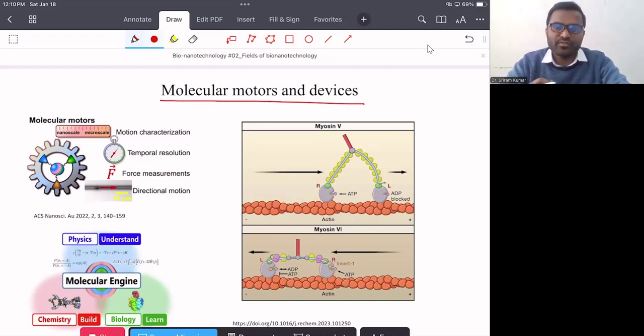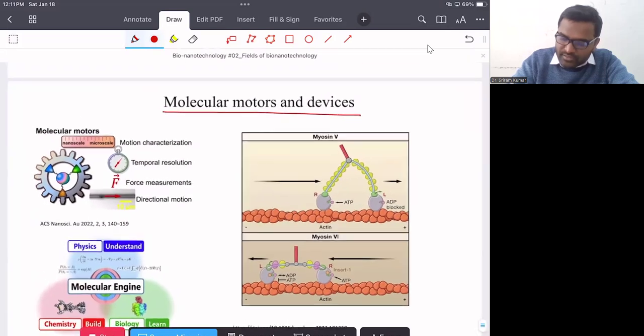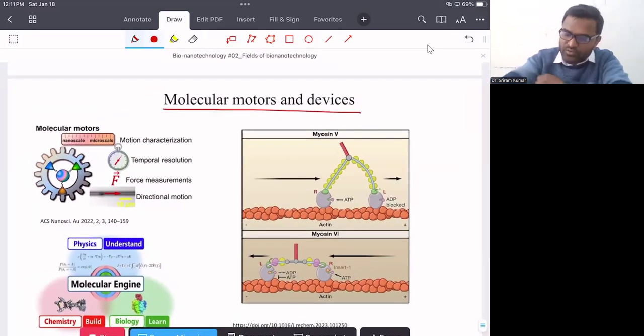We can also base them on DNA, and that kind of motor can do desired or specified work at the cellular level.